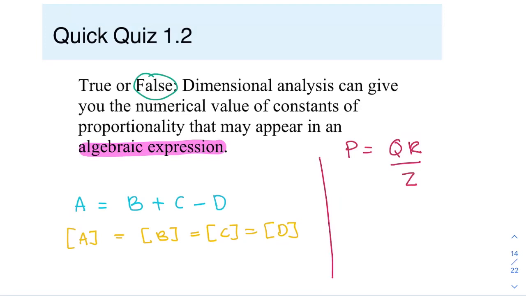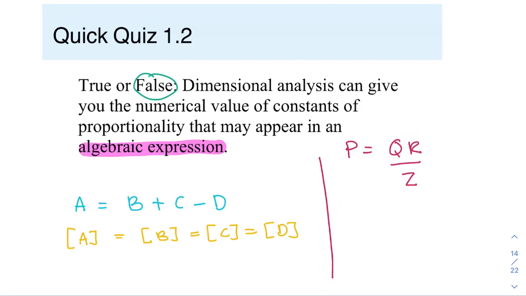Okay, you cannot analyze P and Q only, P and R only, P and Z only, because they are not addition or subtraction. They are multiplication and division. The process of multiplying Q and R and dividing them by Z produces P. So you cannot use this kind of method.